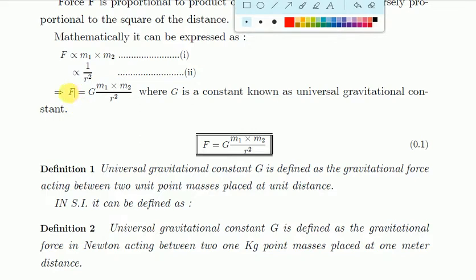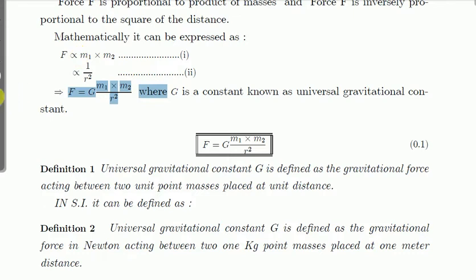So finally it gives you F is equal to capital G into m1 into m2 upon r square, where G is a constant known as the universal gravitational constant.